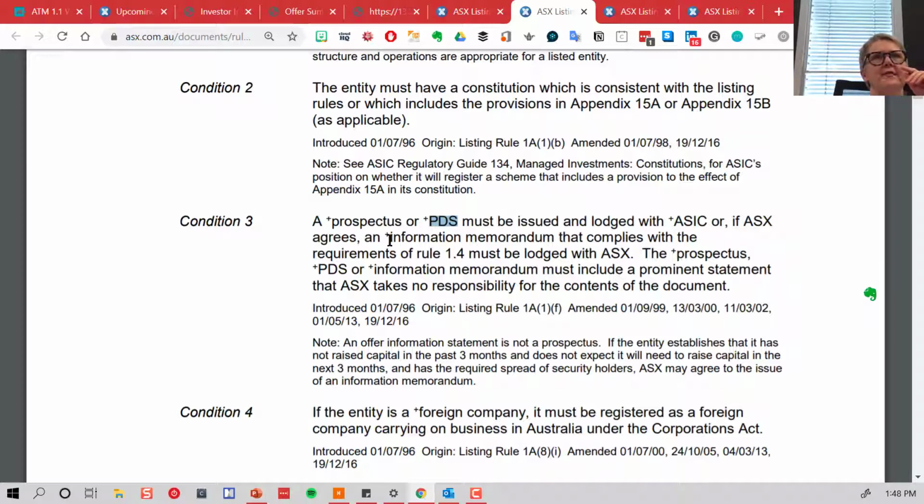We do have this information memorandum option, but given the protections that directors get if they issue a prospectus in relation to what we'll call the due diligence defences, an information memorandum is relatively rare.